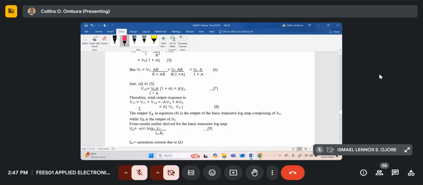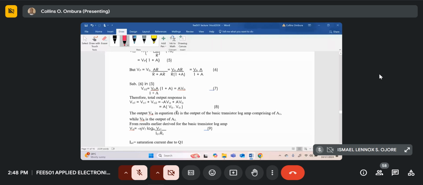Thus we can say that the output, let me see what I've written over here. I've said that the output VA in equation 8 is the output of the basic log amp comprising of the op-amp A1, whilst, the correct English should have been, whilst that of VB is the output of A2.